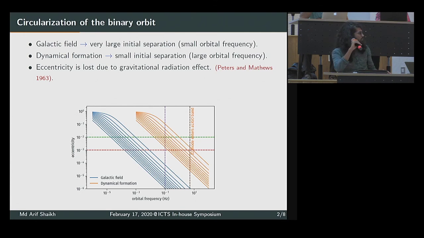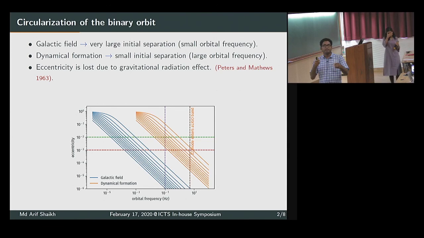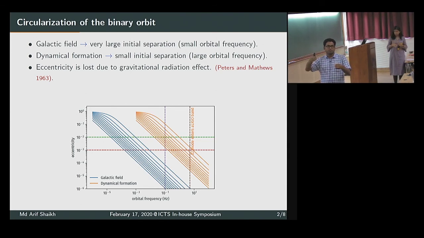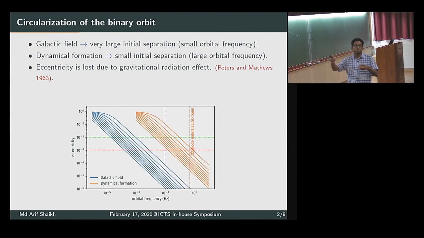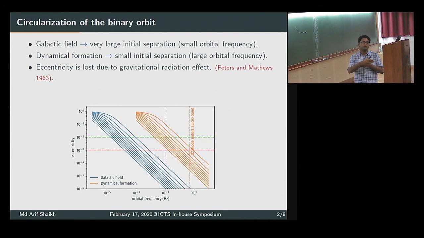There's some reason why. That is because in the dynamical formation scenario, the environment is very dense, so you have much more interactions. So maybe there is a binary, but there could be a third black hole, which can interact with the existing binary, and one of the components may just get ejected, and they will form a very close orbit.